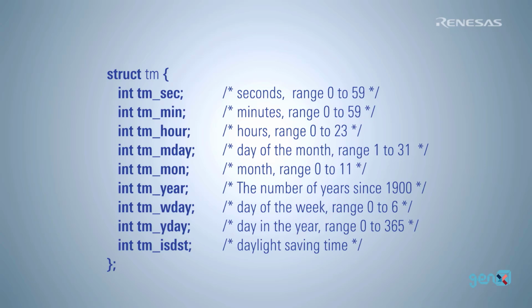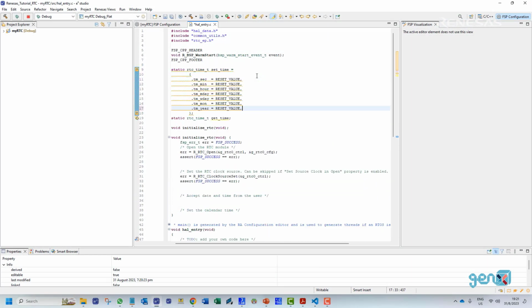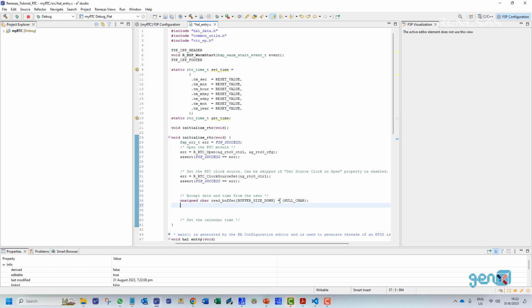We need to take note that the value of the year is defined as the number of years after 1900. So, for 2023, we need to store the value of 123. As for the month, the value ranges from 0 to 11. We populate the time structure.